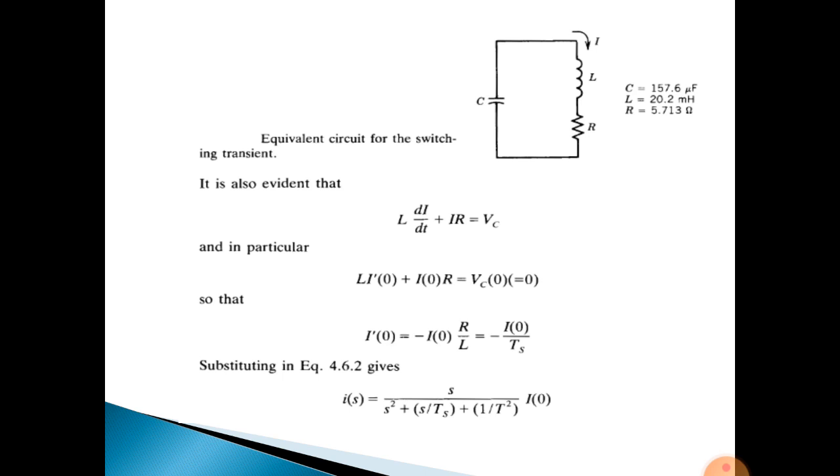Already we know that Vc of 0 is equal to 0, so we find I dash of 0 equal to minus I of 0 into R by L. We know that R by L is equal to 1 by Ts, so substituting this value in the I dash of 0 equation, finally we get I dash of 0 equal to minus I of 0 divided by Ts. And next we have to find the value of I of S.